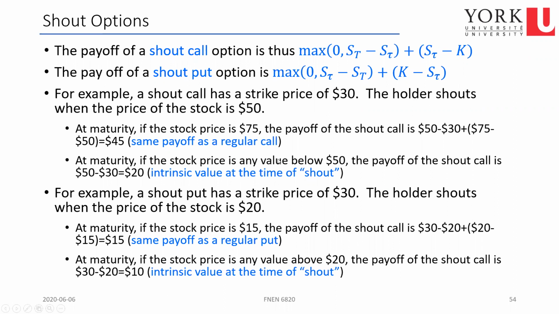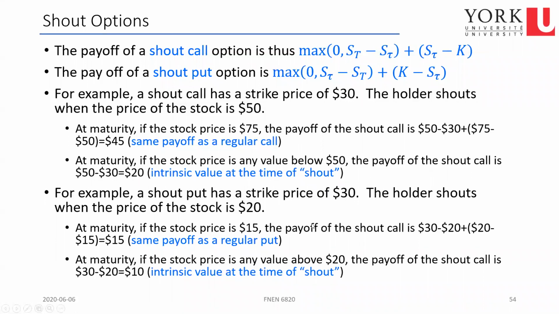If the realized price is lower than the short price, which is 50, then the maximum value is the intrinsic value, which is 50 minus 30. So if the realized price is, say, 45, the payoff will be 20.